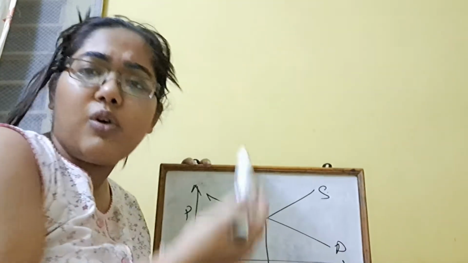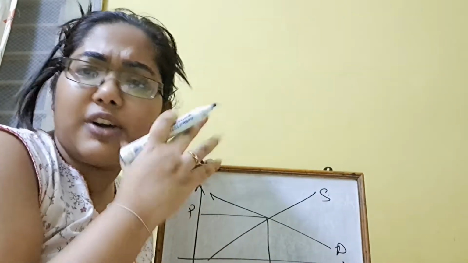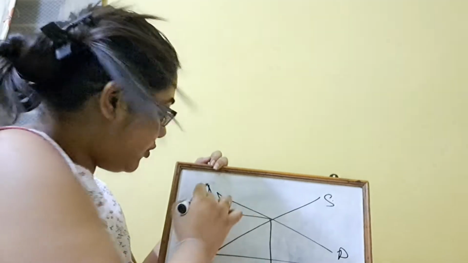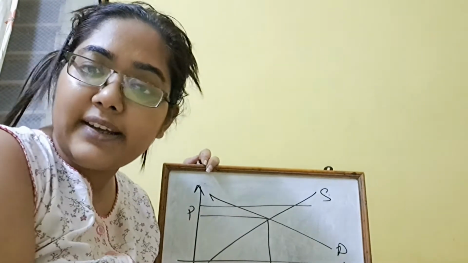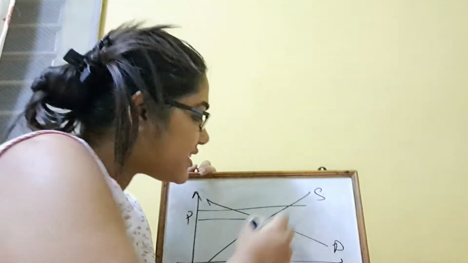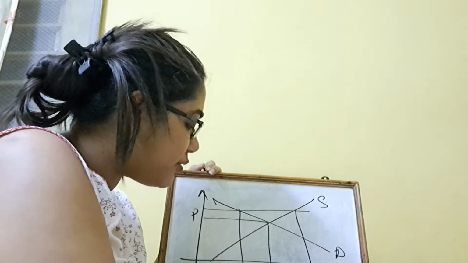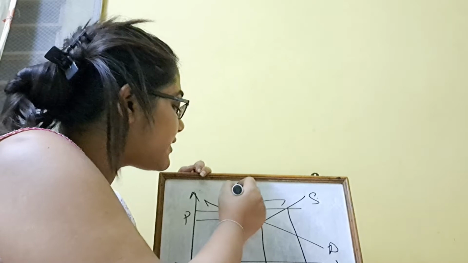So it should control the price. So now see, if it puts a price ceiling here, what will happen? Is this price ceiling binding? No, certainly not, because here the supply is Q1 and the demand is Q2. Here is excess supply, this portion is your excess supply.